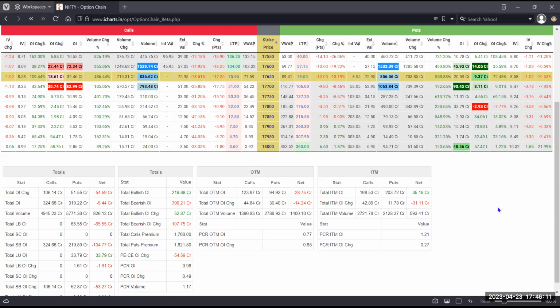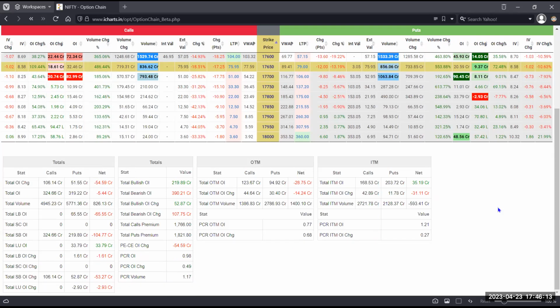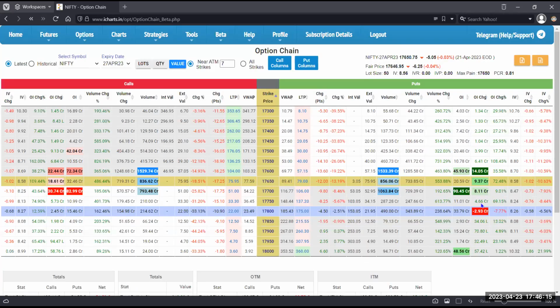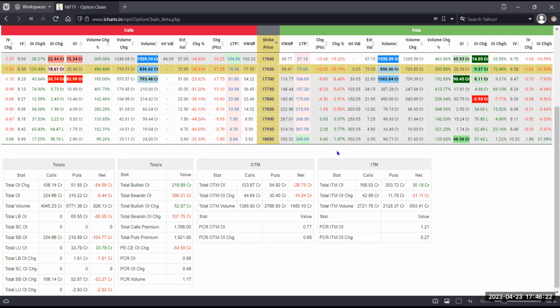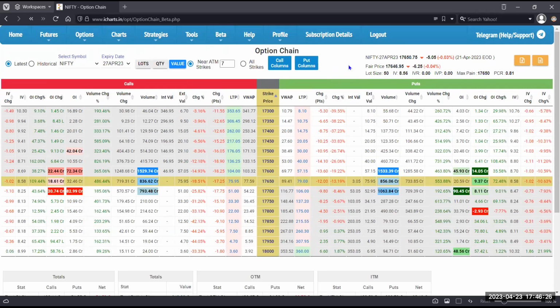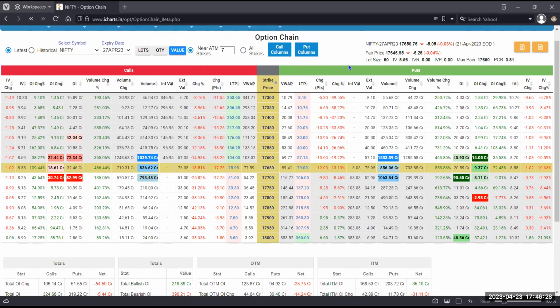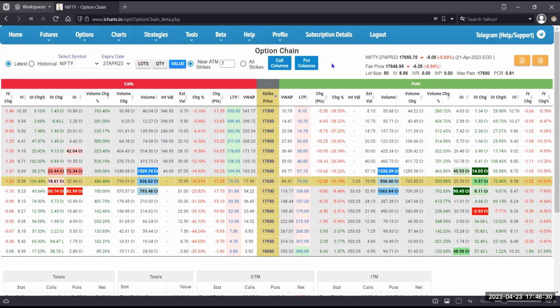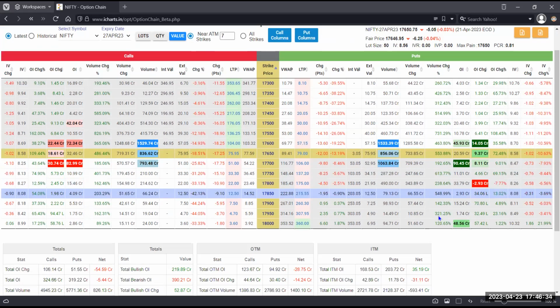Can you add a time interval? What was it 5 minutes ago, 10 minutes ago? That is already the next step. That is going to come in the next update, so you will be able to go back and see. You can scroll back and see 5 minutes ago, 2 minutes ago, 3 minutes ago, or even at 9:15 what the data was.